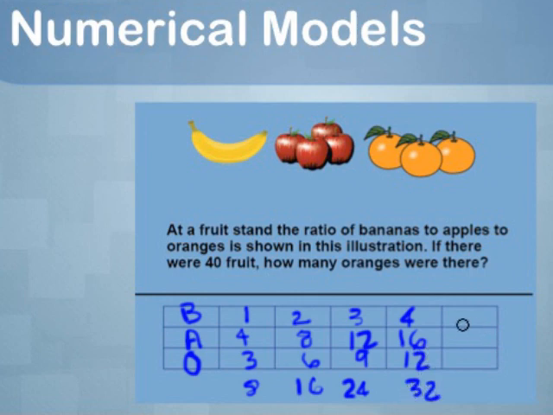Finally, with the last column we get 5, 20, and 15. And this gives us a total of 40, which is what we were looking for. This means there will be 5 bananas, 20 apples, and 15 oranges.